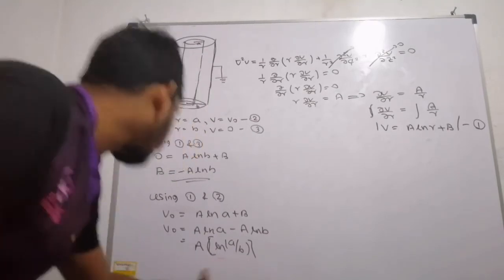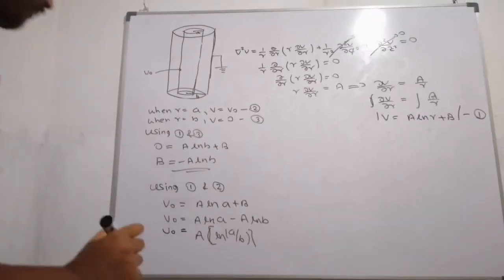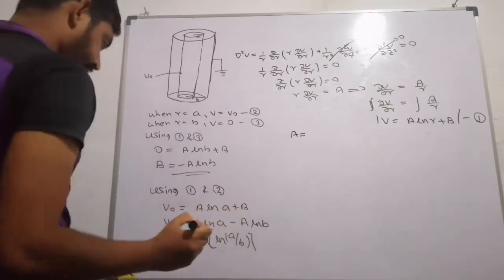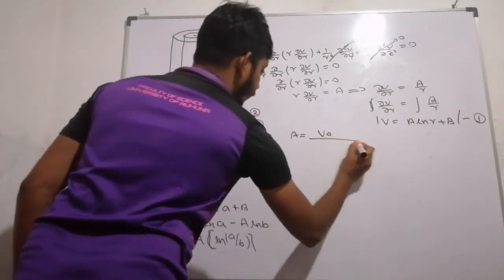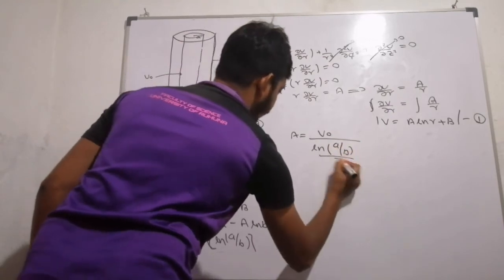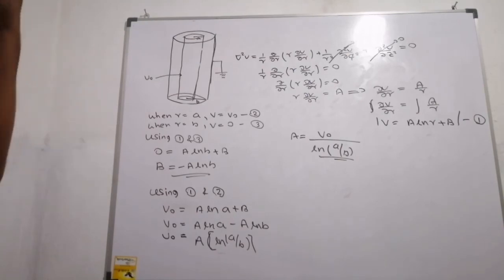I am going to find A using this. Then I can write A as V naught divided by ln A over B. I have found both A and B.